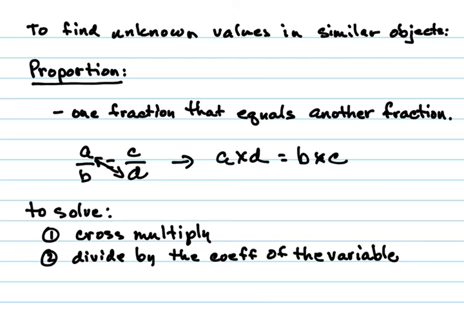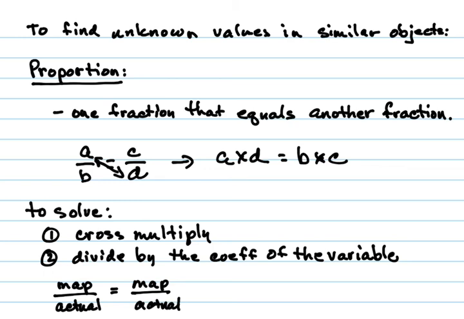So on a map, you might have 1 centimeter is equal to 30 kilometers or something, right? So as long as you put them together, you could put the map number over the actual kilometers, and that's fine as long as you also use map over actual on this side.